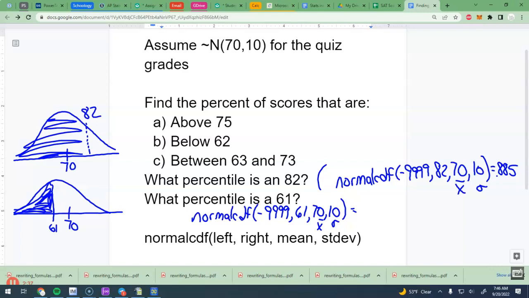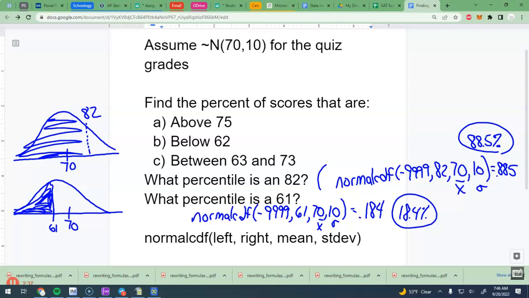So I get 0.18. Oh, what percentile? Yeah, you're right. It'd be 88.5%, and then 18.4%. Thank you. It'll most likely be multiple choice, so it's going to be there for you. But yeah.